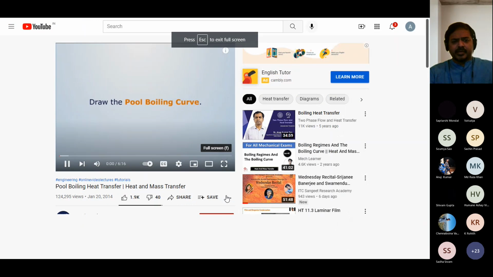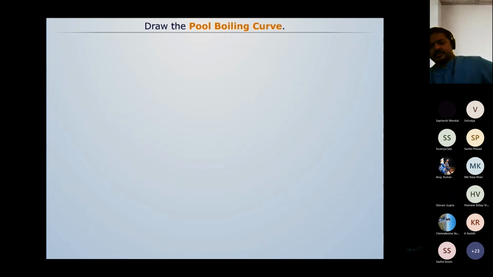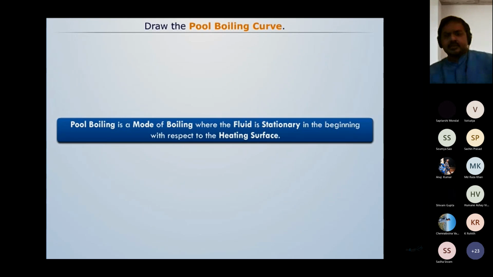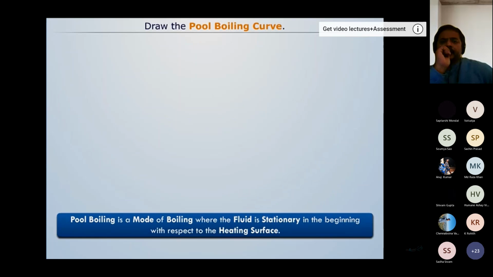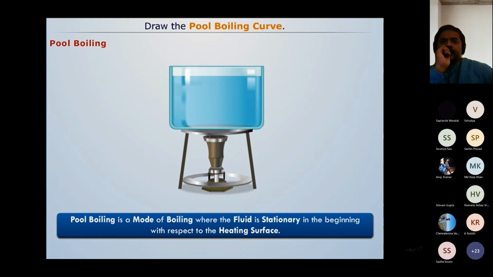Draw the pool boiling curve. We know that pool boiling is a mode of boiling where the fluid is stationary in the beginning with respect to the heating surface. To understand this boiling, let's consider an example of a vessel containing some water placed on a burner.